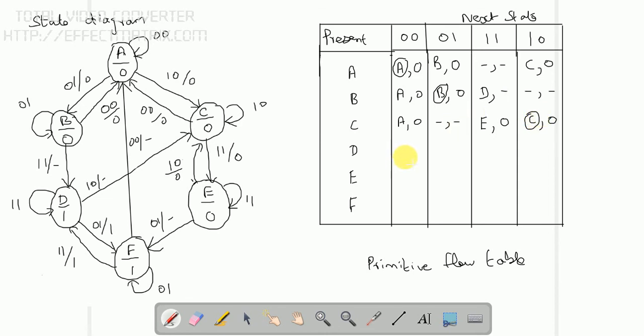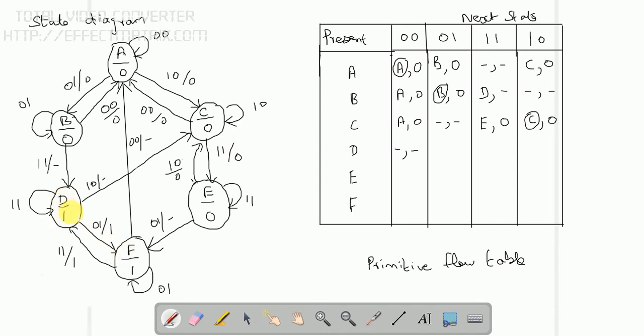Next, for D to A. So D to A, there is no connectivity. So for that, dash comma dash. Next, for D to B. So B has the input of 0 1. I have only the connectivity from B to D, but I don't have D to B. At the same time, I have 0 1 as an input for F. So I'm going to check whether connectivity from D to F is happening.